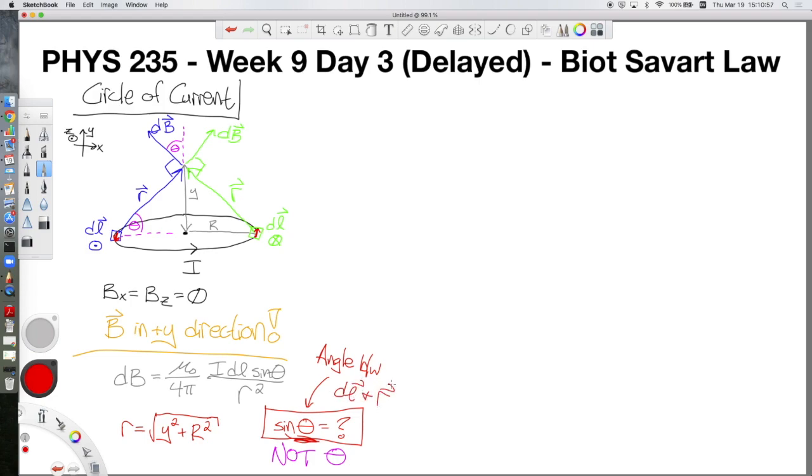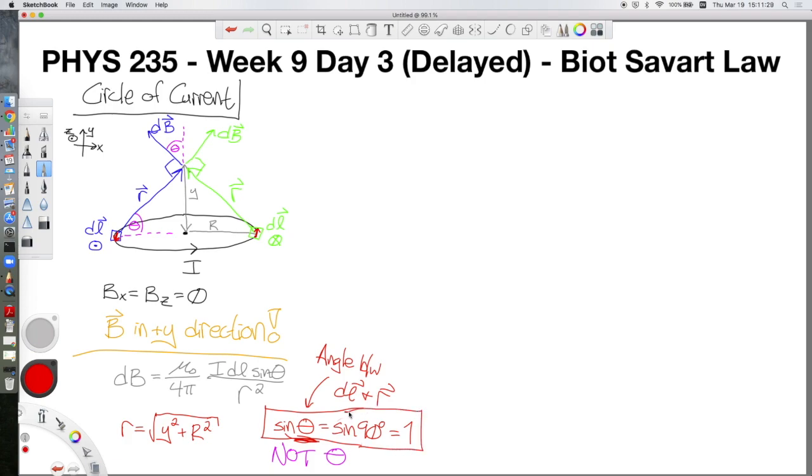So note that for the green one, for example, dl is into the page and r points up this direction. It turns out that this angle for every point on that circle is actually 90 degrees. So our sine of 90 degrees will be 1.